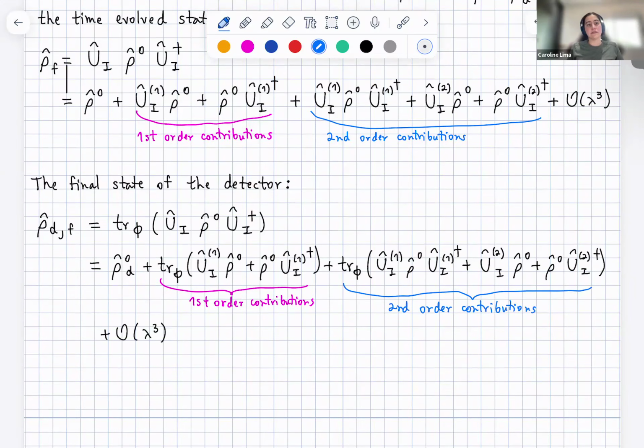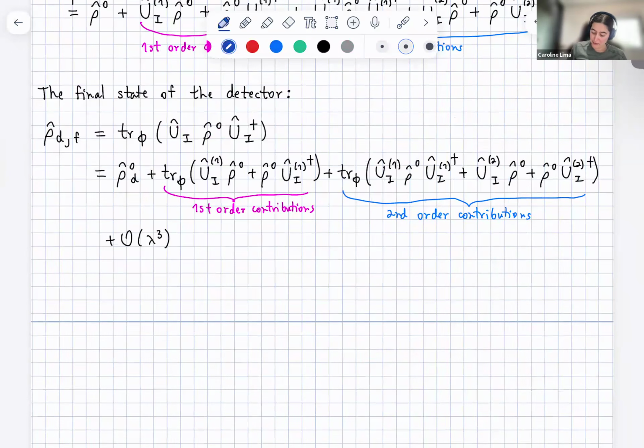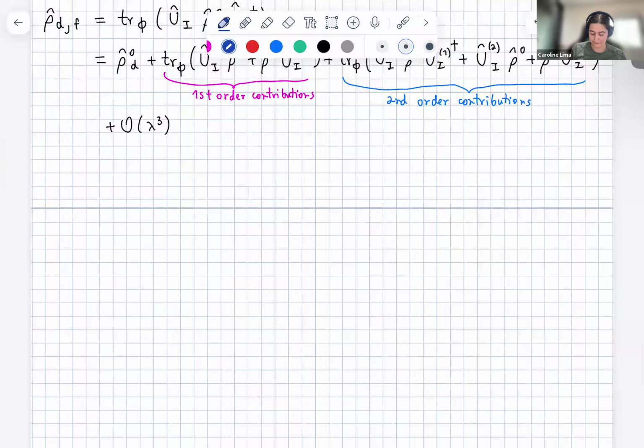This is clear. I hope. Okay, good. All right, with all of that, I guess now we are ready. We are going to compute the response of a particle detector.